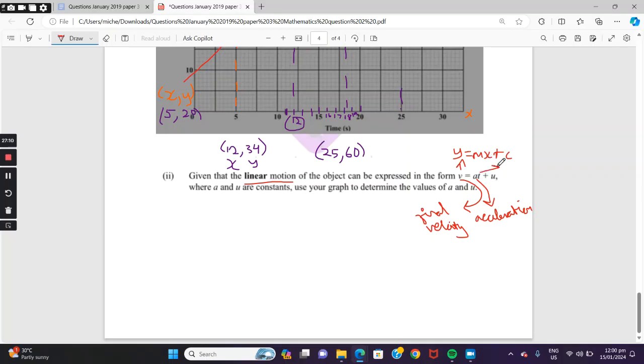The t is for time, as you know, time is on the x-axis, and then the u is, let's say, the initial or current velocity, the current speed.